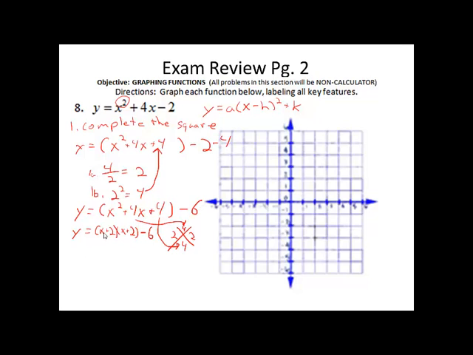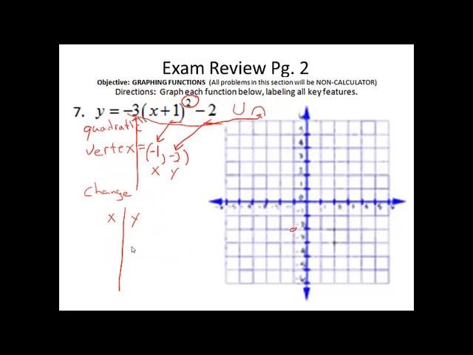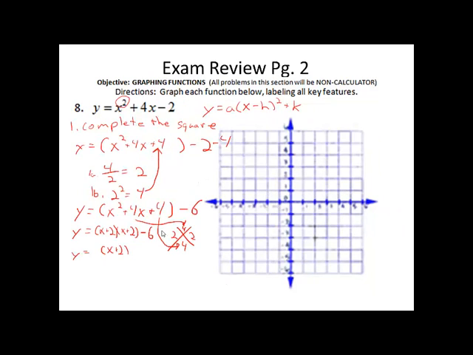Now the way we simplify x plus 2 times the quantity of x plus 2 is we write x plus 2 squared minus 6. Now we have our quadratic function in vertex form.